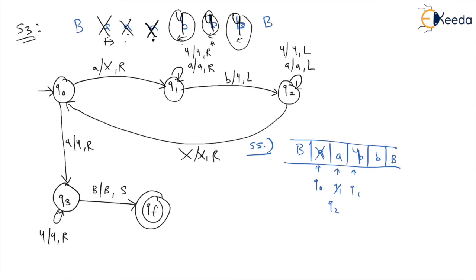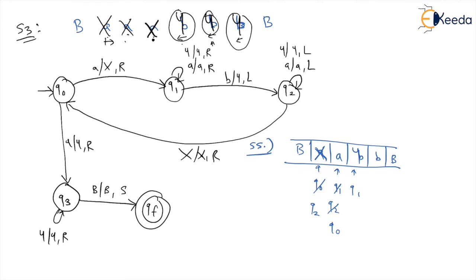In Q2, when you receive A you are going to keep it as A, move to the left and go to the state Q2 again. In Q2, when you receive an X, you are going to keep it as X, move to the right and go to state Q0, right?